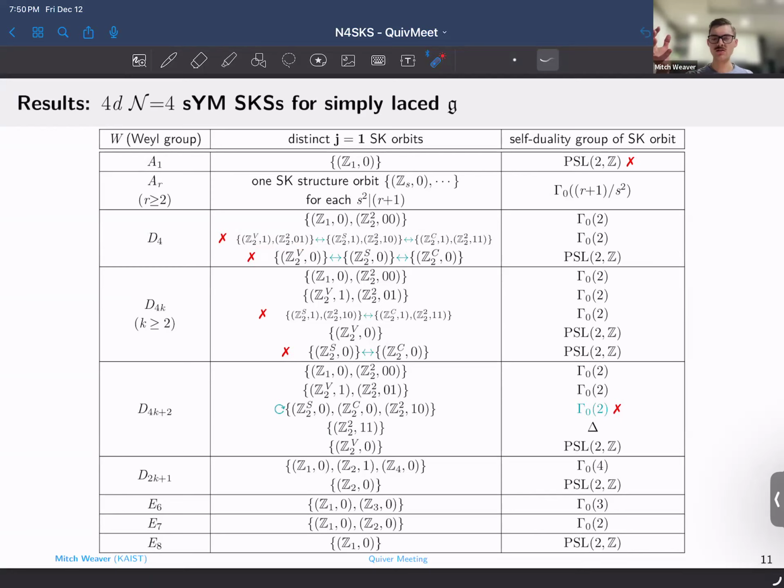This is a subtle detail slash complication. I'm not going to talk about it anymore, but it is reflected in the table here. Whenever you see something in this teal color, it's telling you that there's an equivalence relation being generated from one of these more general equivalence relations between Z reps.